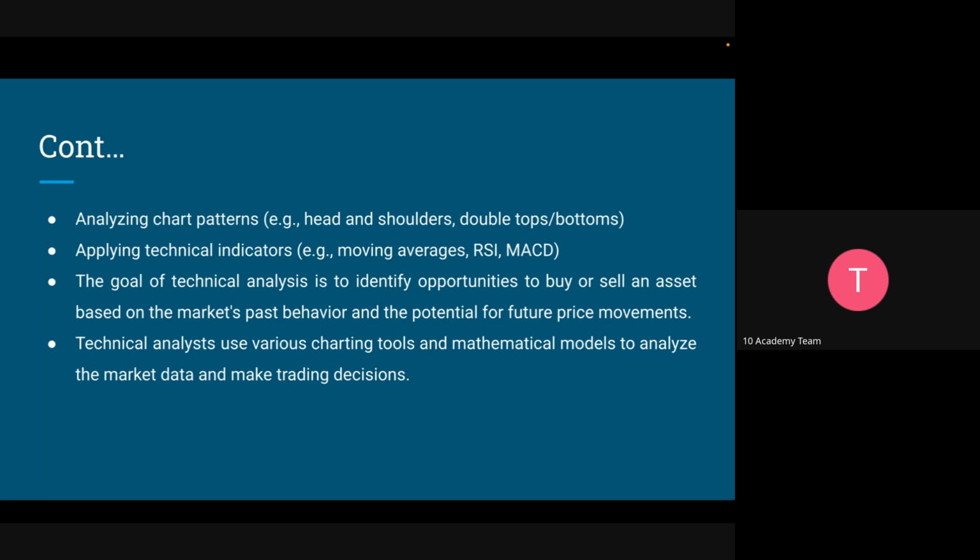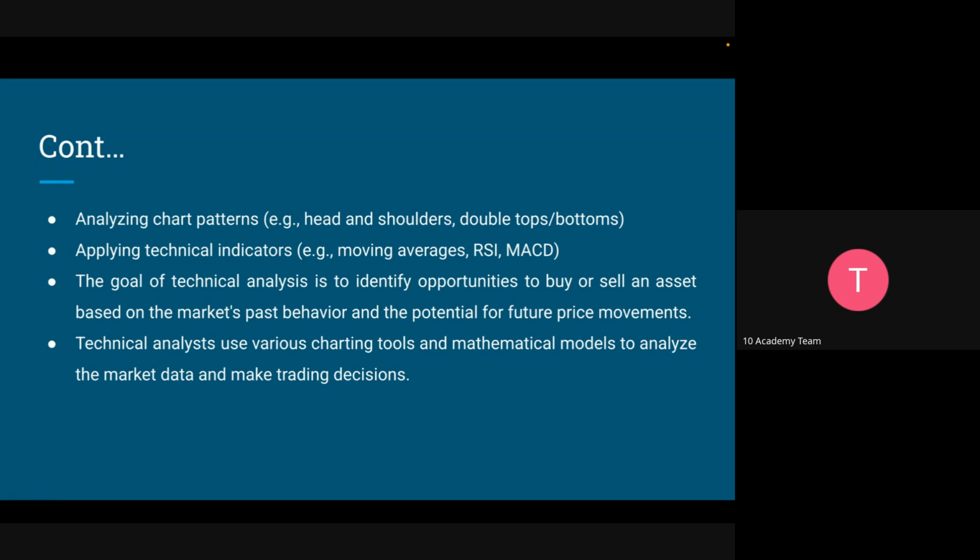Depending on the market type the term might be different, but that's ultimately the goal, either buying or selling. Technical analysts, the persons who do this analysis, use various charting tools and mathematical models to analyze the market data and make trading decisions.